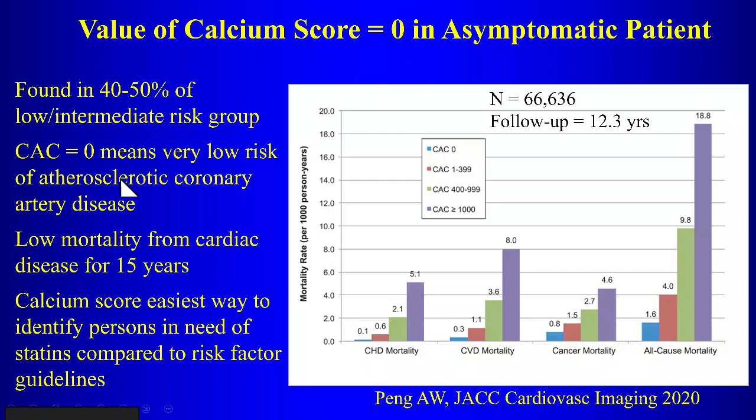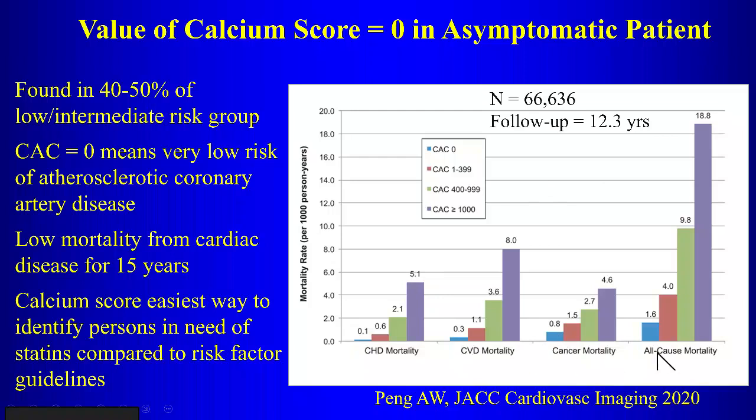That means they have a very low risk of atherosclerotic coronary artery disease, very low mortality from cardiac disease, that is guaranteed for 15 years. All right? So if you look here at the mortality from coronary heart disease in this group of 66,000 patients, 0.1. For cardiovascular disease mortality, 0.3.